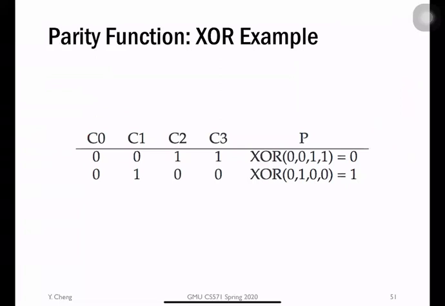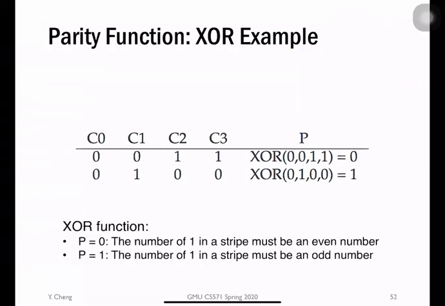In practice, the most commonly used parity function is called exclusive OR, or XOR, whatever you like to call. So how to calculate XOR is by following these rules, right? If the total number of ones in a stripe is an even number, then the result of this exclusive OR operation is 0.